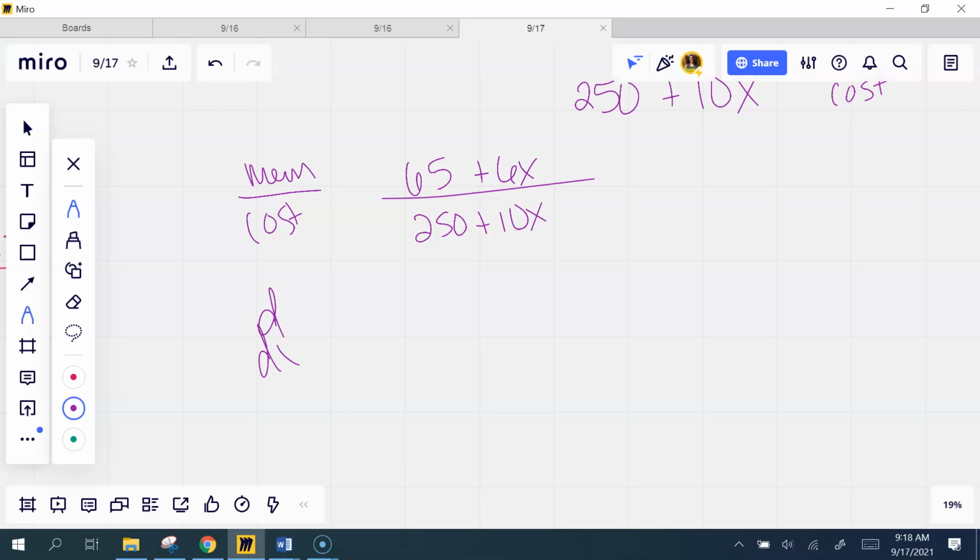Over the denominator squared. Derivative of the top times the bottom minus the top times derivative of the bottom.